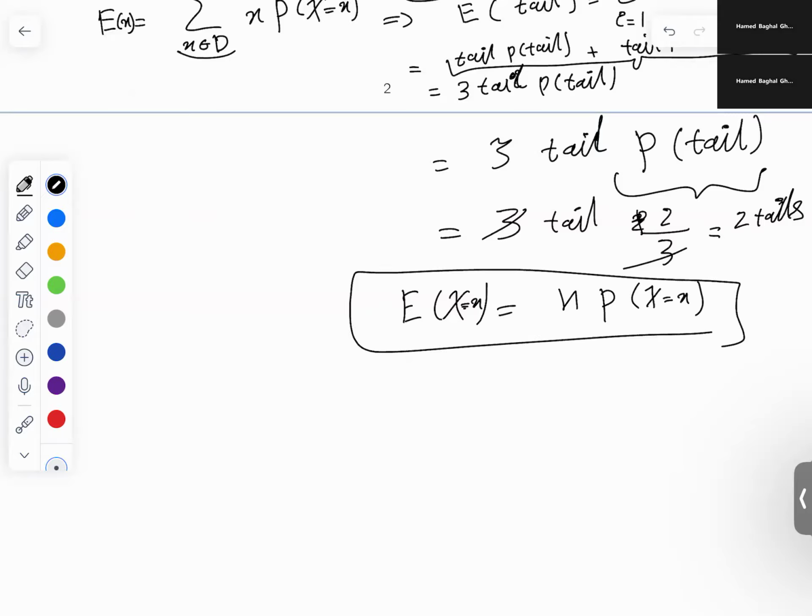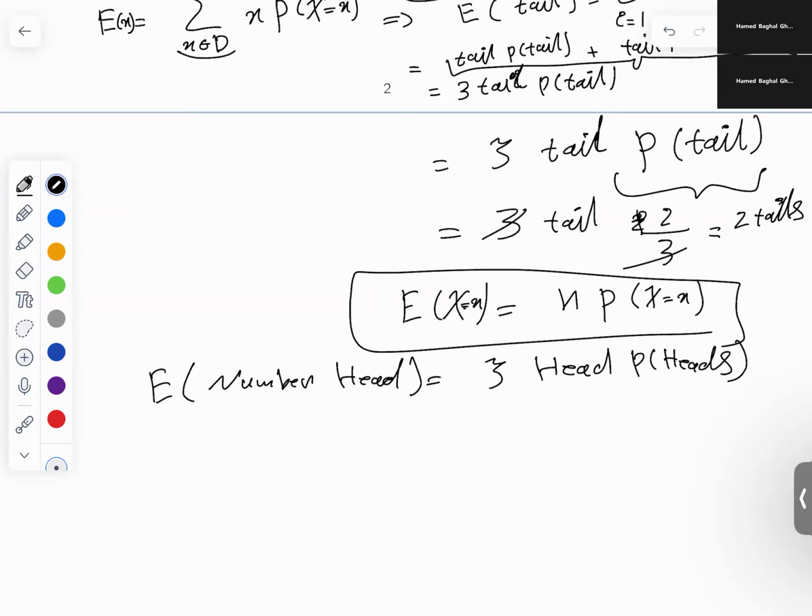What about X in 3 times head? Expectation of number of head. So expectation is also average. 3 times head, probability of head is 1/3, so it will be just 1 head.